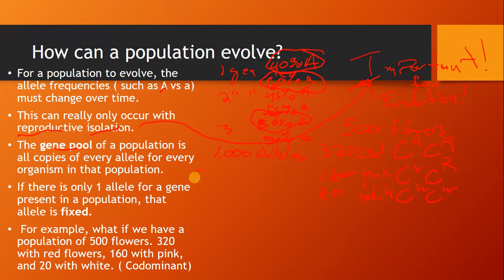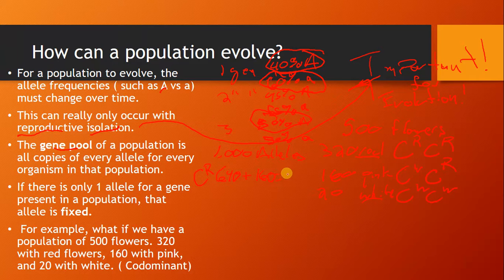The prevalence of the CR allele is, well, we have for these 320 red flowers, they have 2 copies, so there are 640 R's here, plus 160 R's here.